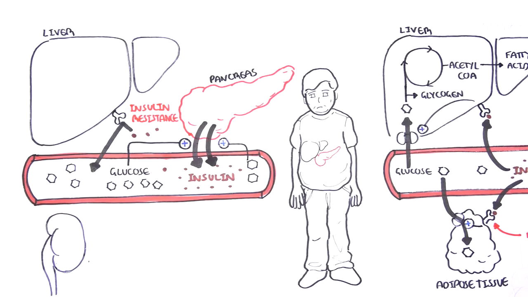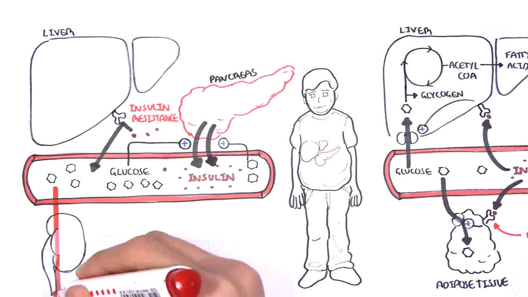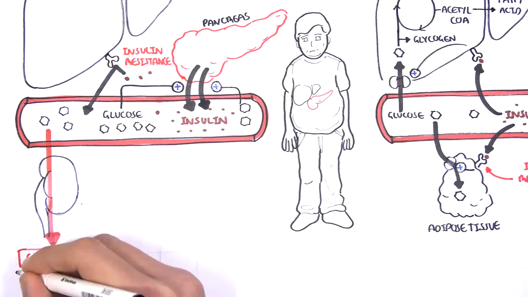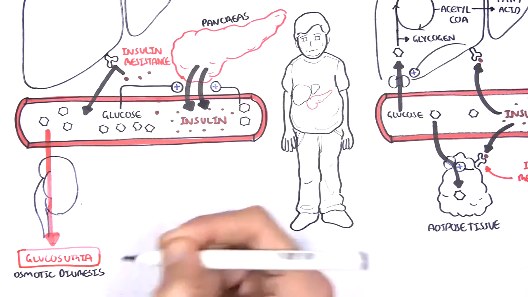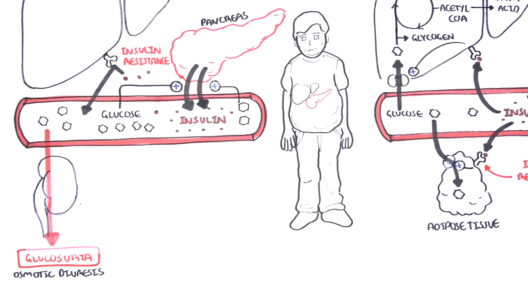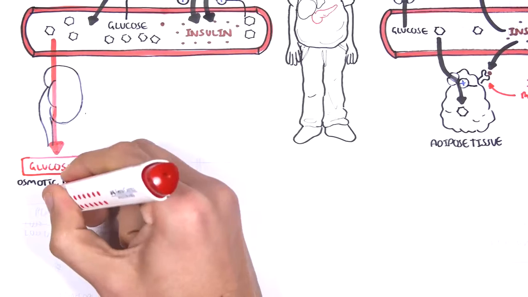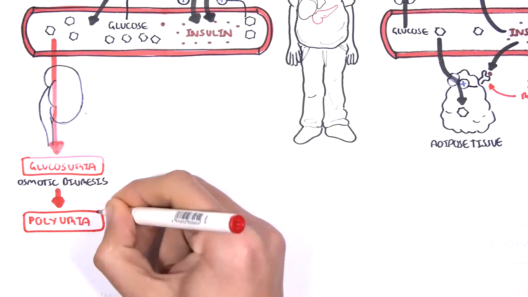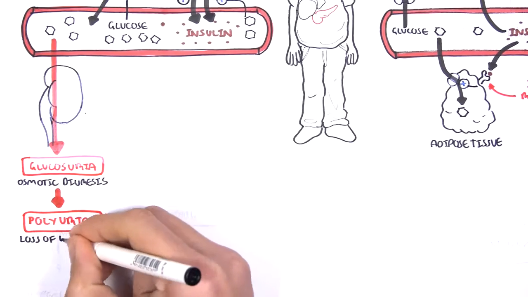With persistent high blood glucose, the glucose will travel to the kidneys and be secreted out. This is called glucosuria. Glucosuria will result in osmotic diuresis. What does that mean? Well, glucose will essentially drag water with it because it is a solute. And so the person will start peeing more, polyuria.